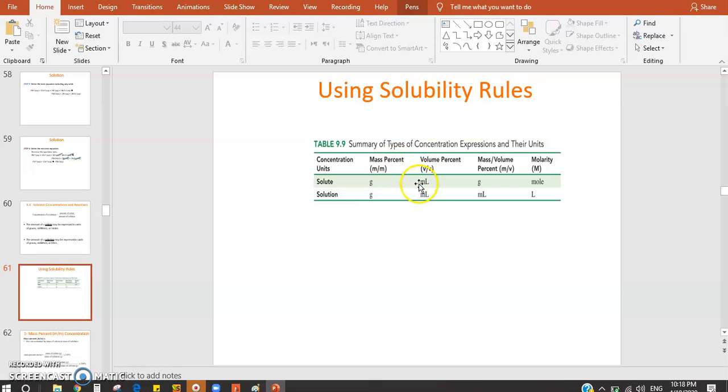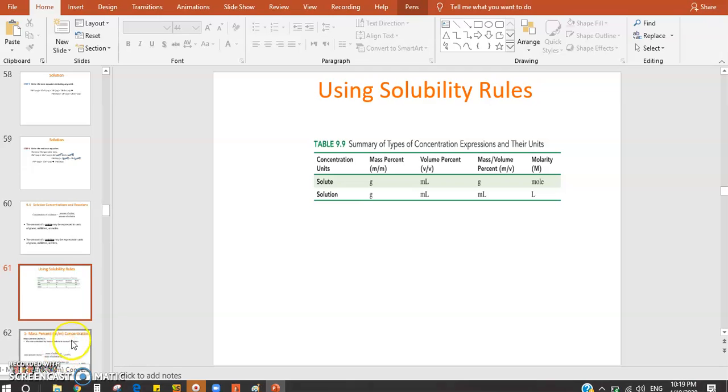When you have mil and mil, then you have volume per volume, so we have volume percent. Then when you have gram per mil, which means mass per volume, it's called mass volume percent. When you have moles divided by 1 liter, we call this molarity, and we'll talk about this shortly.